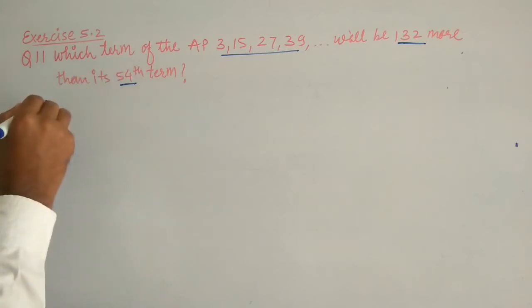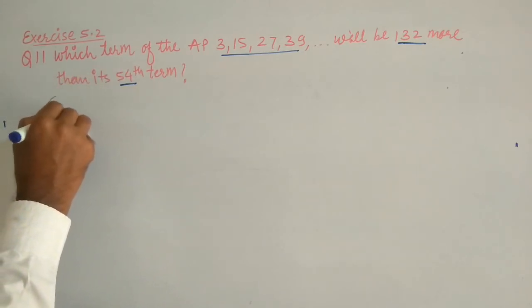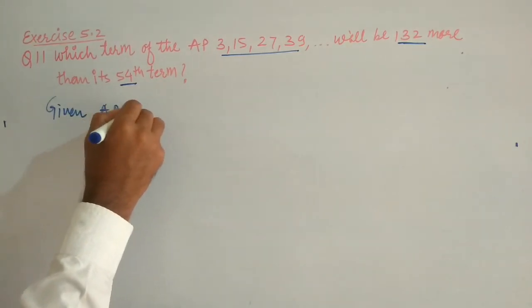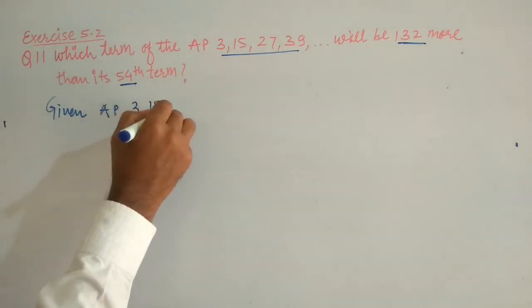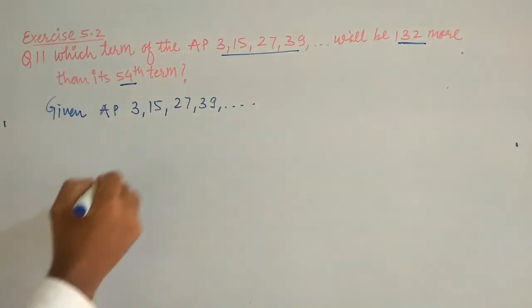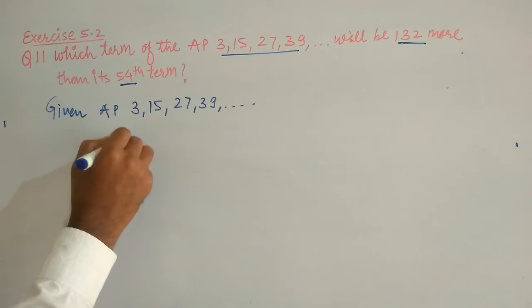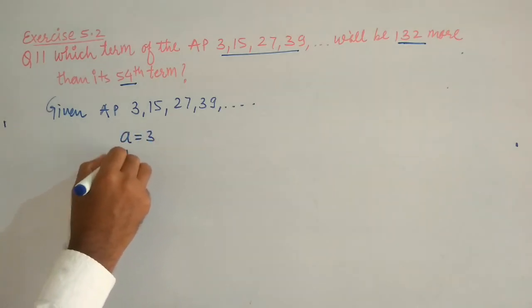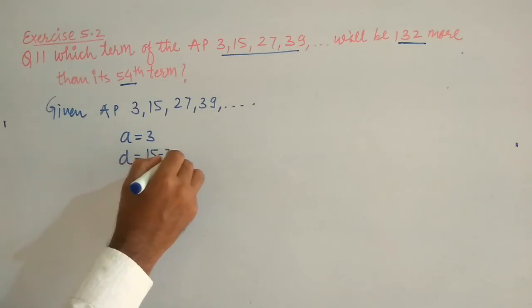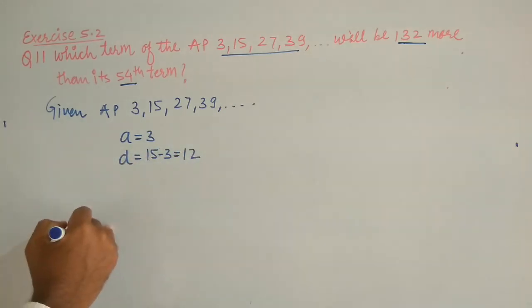Okay, so the given AP is what? Given AP is 3, 15, 27, 39 and so on. First term is 3, common difference 15 minus 3, that is 12.